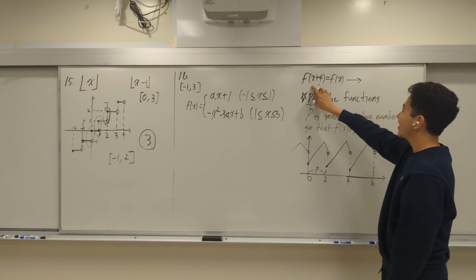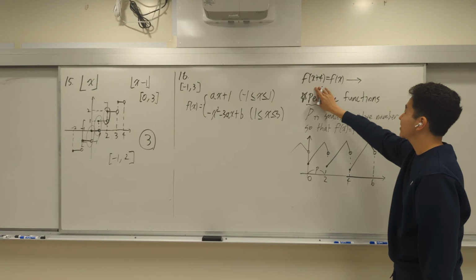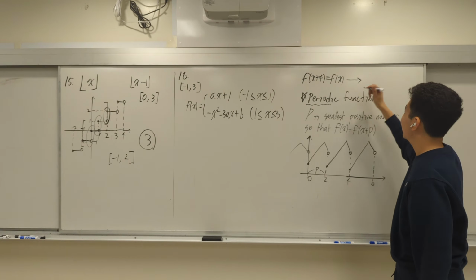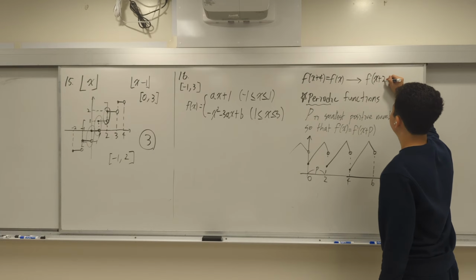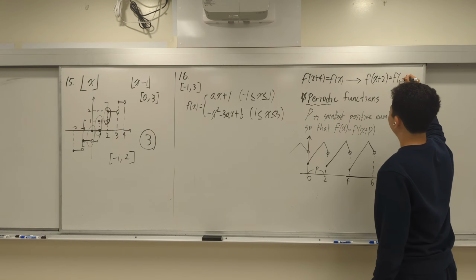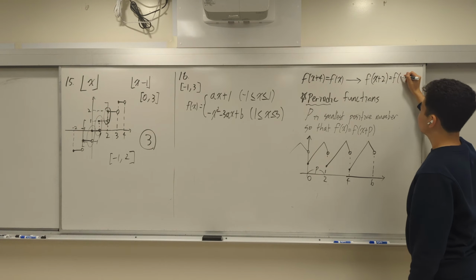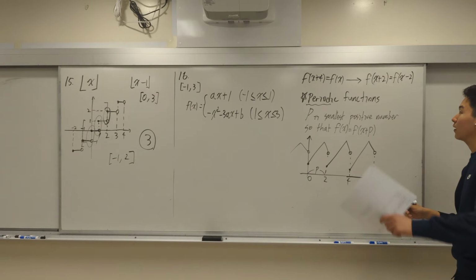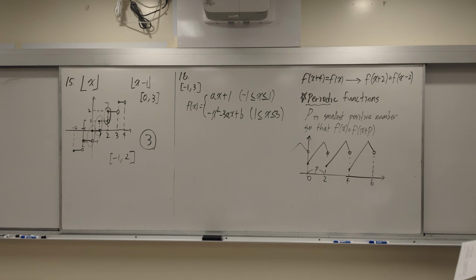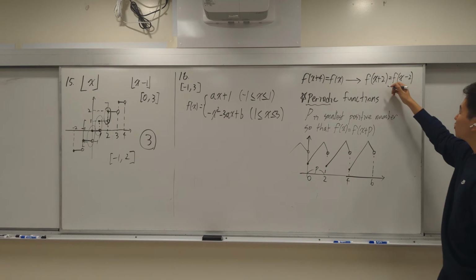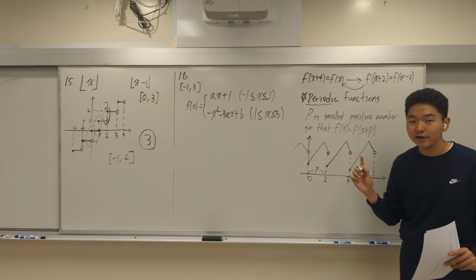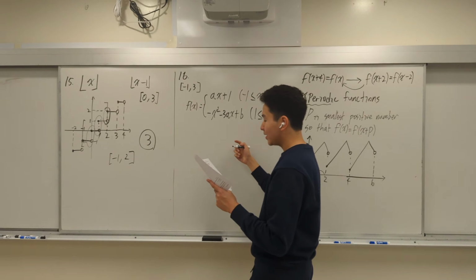They'll plug in x minus 2 into this equation, and then this will be x plus 2 and x minus 2, right? So f of x plus 2 equals f of x minus 2. They'll slightly switch up the situation here. You should be able to comfortably revert this back and realize that this is a condition on the period of the function. Okay, so let's go back here.